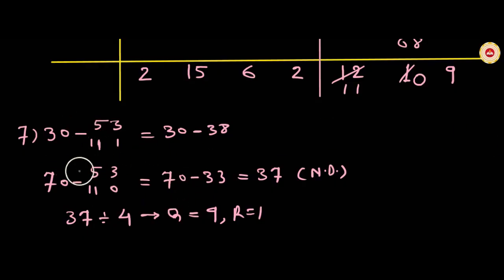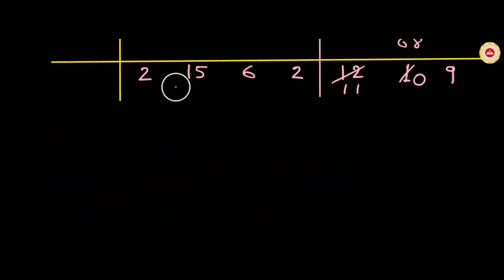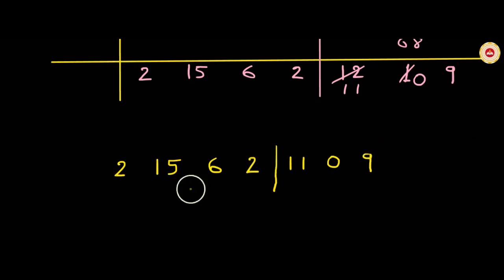Please write this 7th step. Look at this quotient area: 2, 15, 6, 2. This is the decimal line. 11, 0 and 9. Correct? So friends, in this quotient we find extra digits.